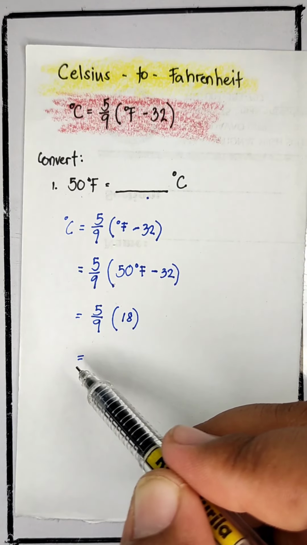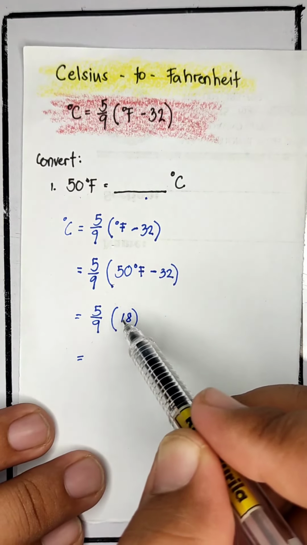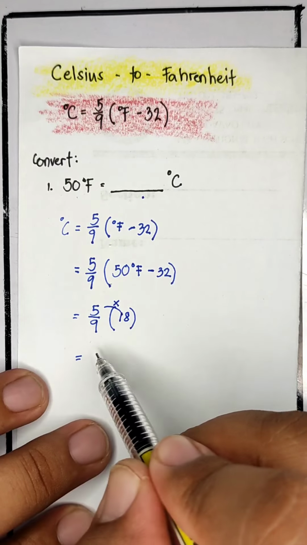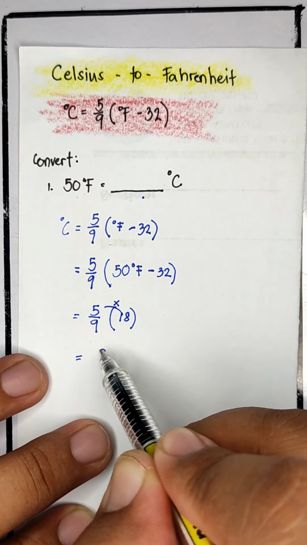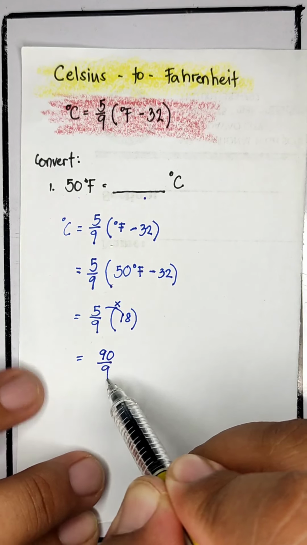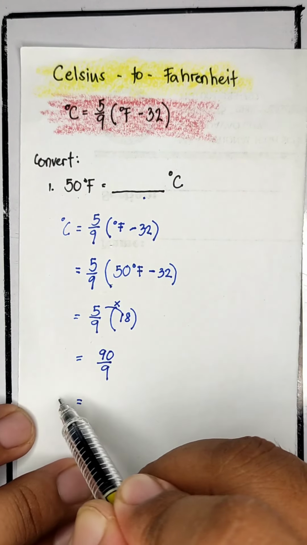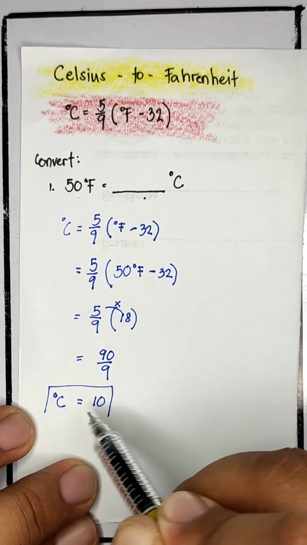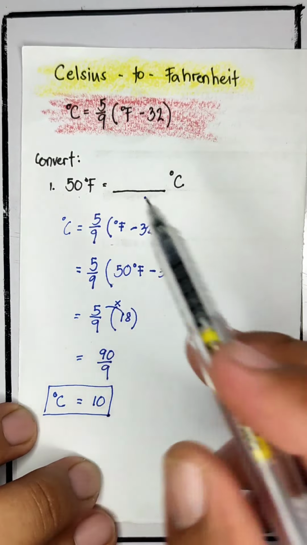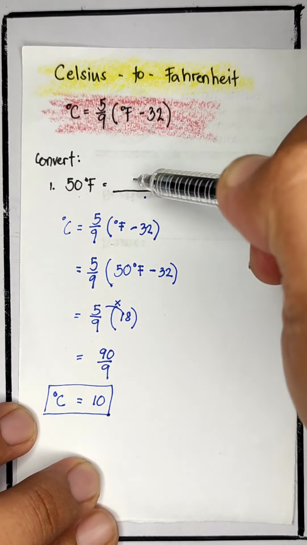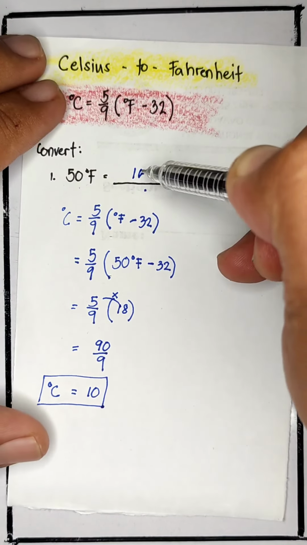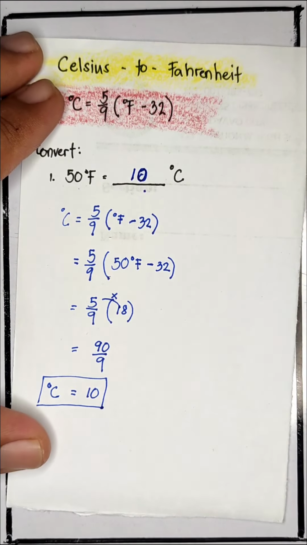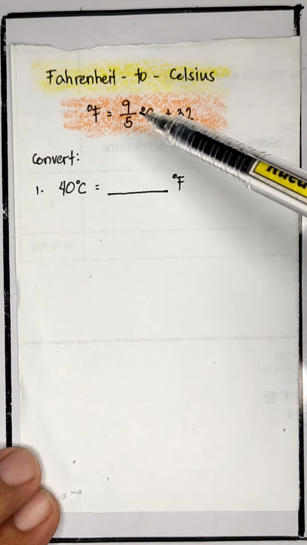Then 18 times 5, multiply, you have 90/9, then divide, the degree Celsius is 10. So 50 degrees Fahrenheit is equivalent to 10 degrees Celsius.